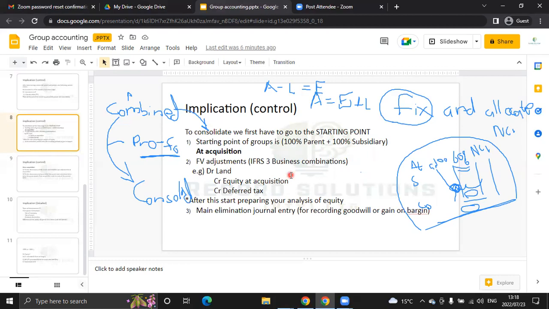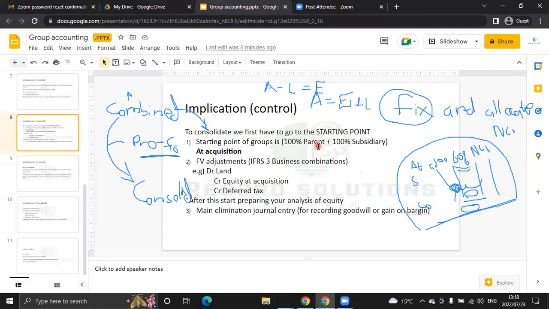Now, what did we say? From a group perspective, that's wrong. That PPE amount is not 90,000. It's actually 100,000. So for this year, you're going to adjust the depreciation figure.